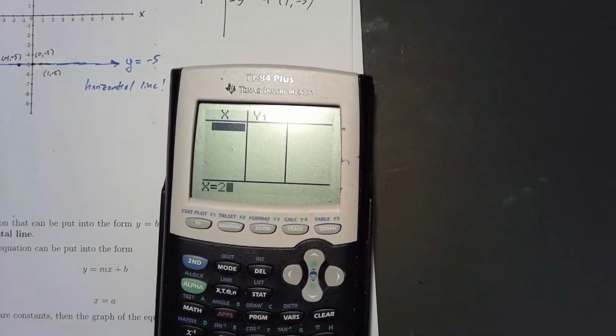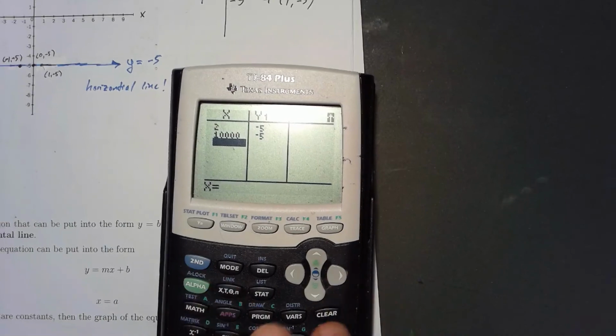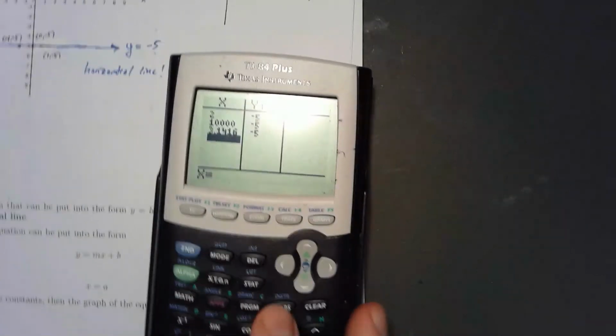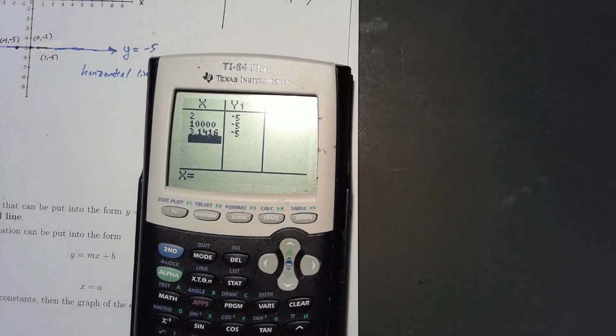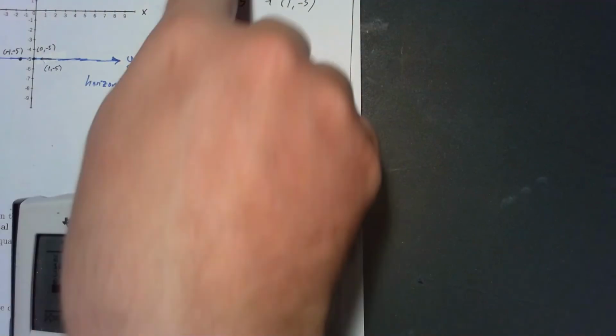What if x was 2? It's -5. What if x was 10,000? -5. What if x was pi? -5. What if x was 20/3, a fraction? -5. It doesn't matter what x is, it'll always be -5 because that's what y is equal to.